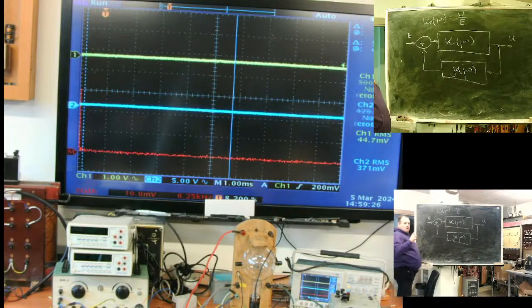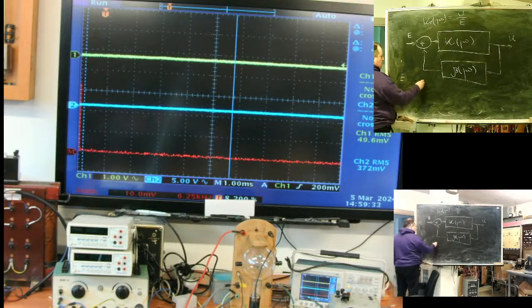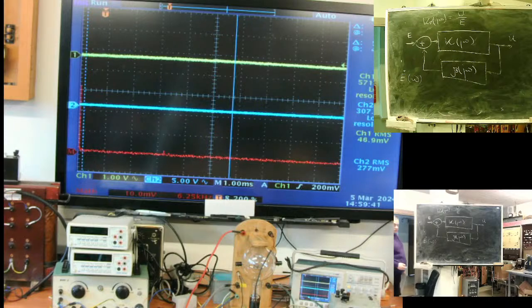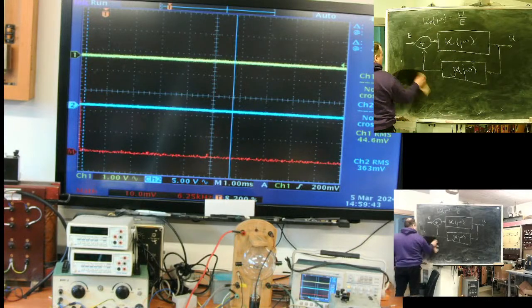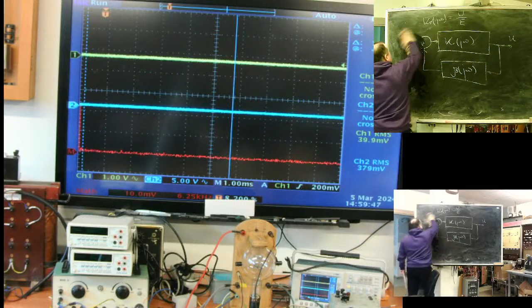Actually, be careful. This E is in general complex and possibly a function of frequency. It can be a function of frequency, and I just simplify. Okay, write something.